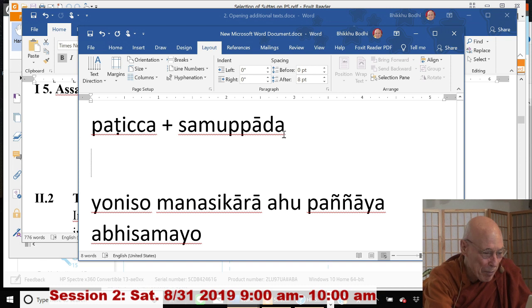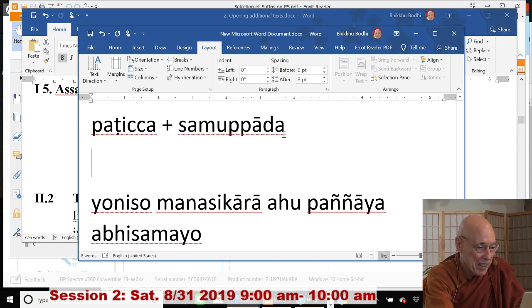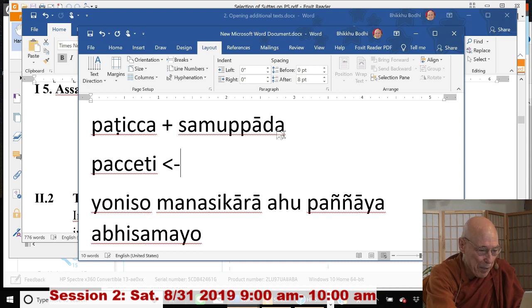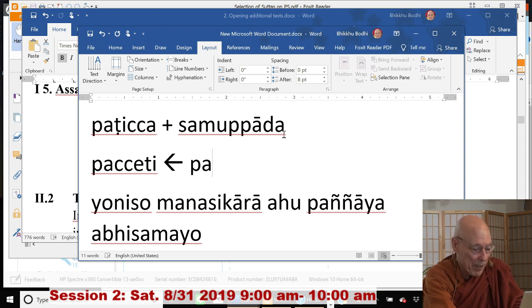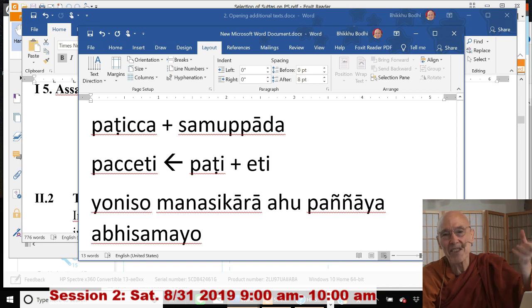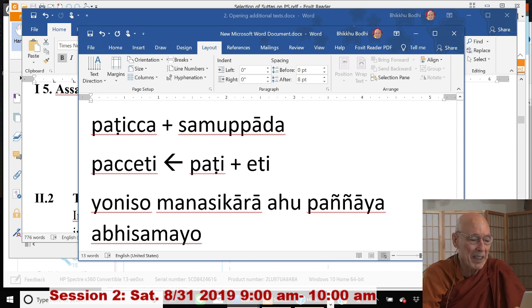Okay, so it's formed from a verb. The verb comes out in Pali as pacceti, which is derived from a prefix, pati, plus the main verb eti. So the verb eti means either to go or to come.